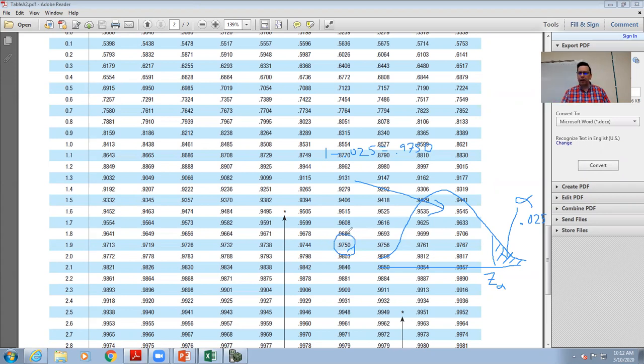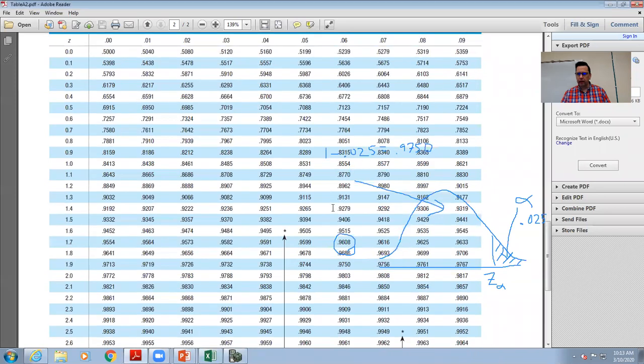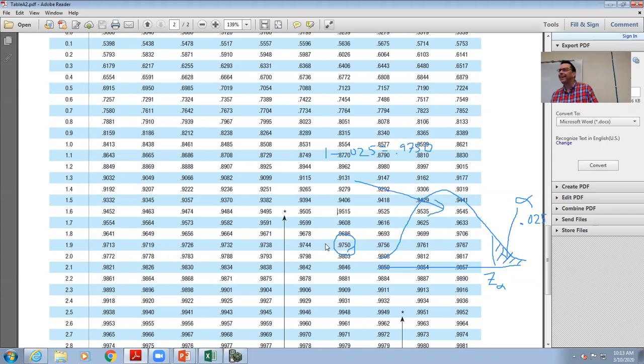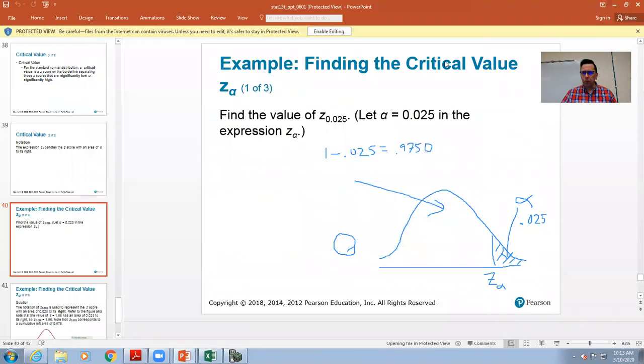And that area goes with a z-score of 1.9. Of course, I cut off the top. I think it's 1.96, right? 1.96, there it is. So now let's move this back. So that mystery z-score is 1.96. Let's scribble that in there, 1.96.